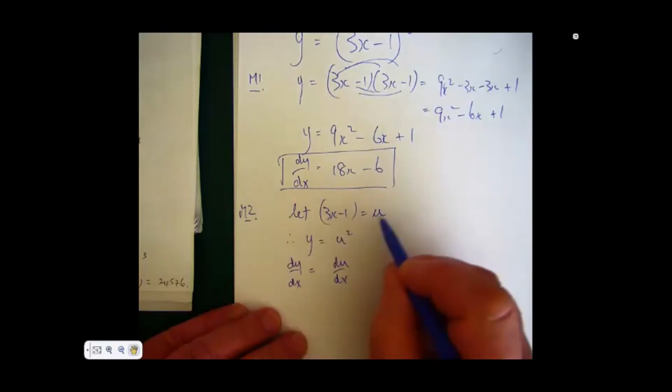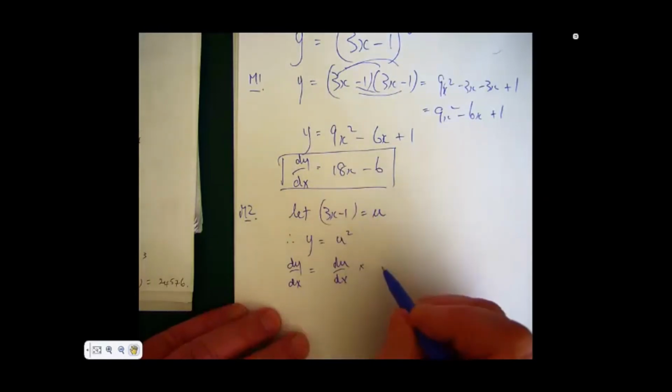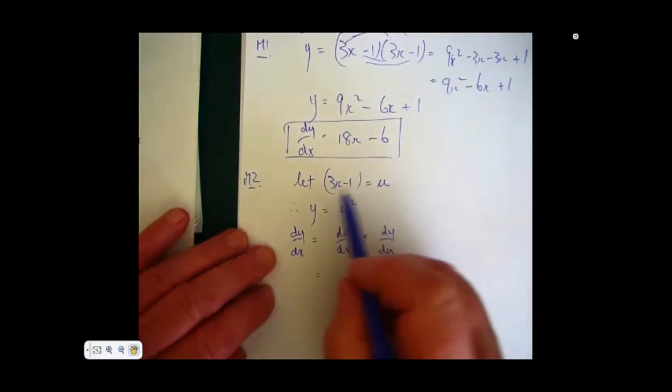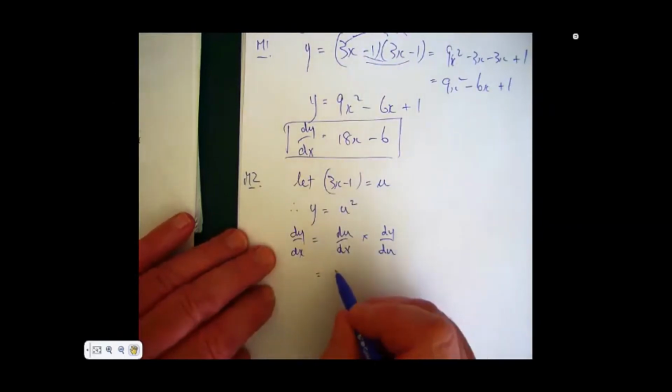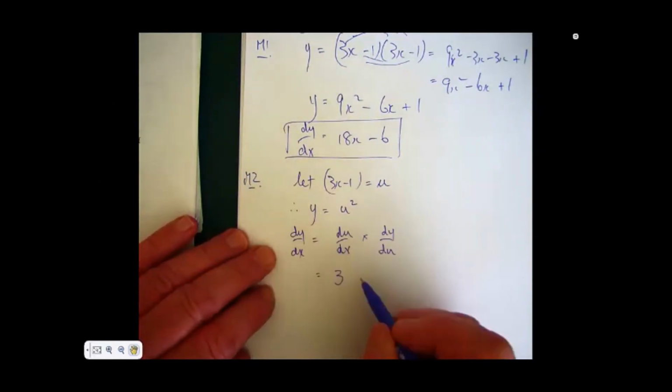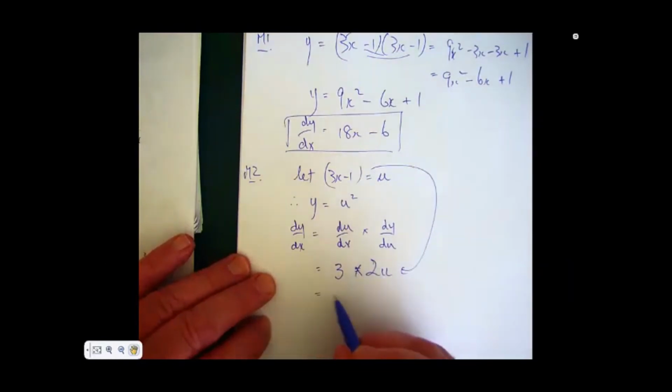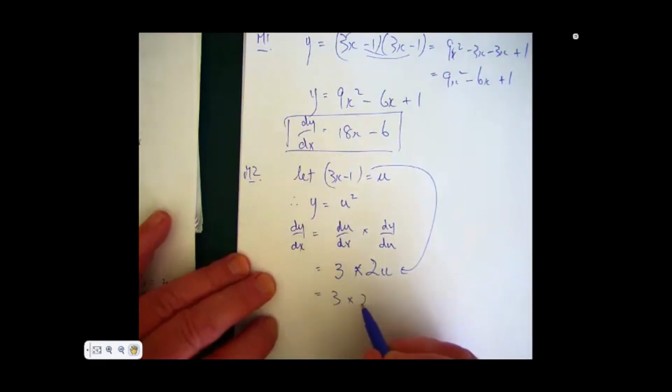We differentiate this, and then we multiply by this one, which is going to be dy du. So let's do this one first. Du dx, this one here, is simply going to be 3, and dy dx is going to be multiplied by this one, which is 2u. If I now substitute that back into here, I get 3 multiplied by 2, bracket 3x minus 1.